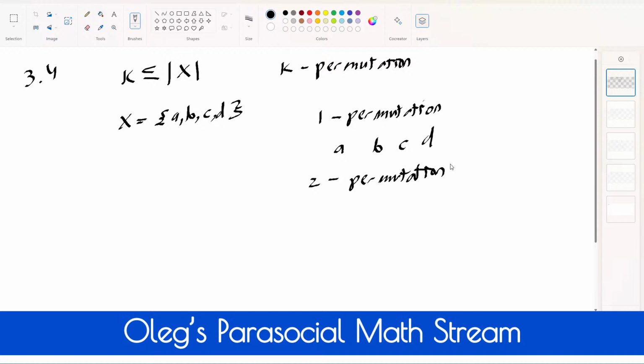Okay, 2-permutations. Let's see how many we can make. Remember that rule we did before? In the first position we can have 4, non-repetitive, times 3, so that's 12. So we know right away that it's going to be 12. And they have the list right here.